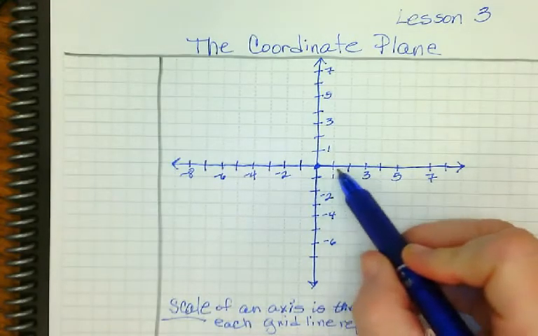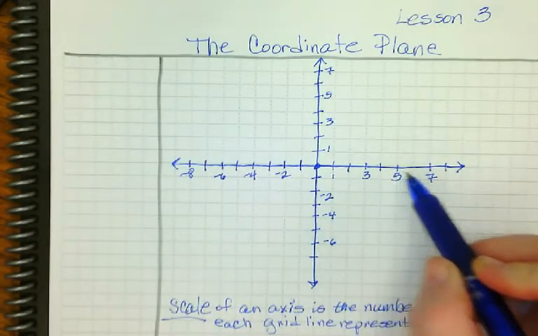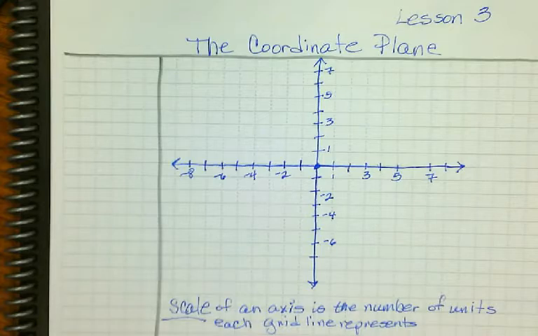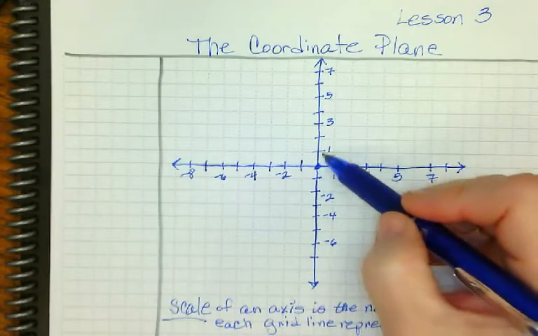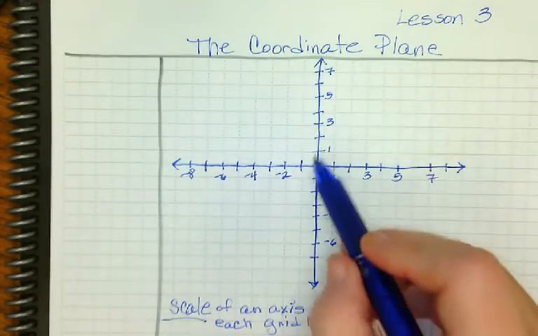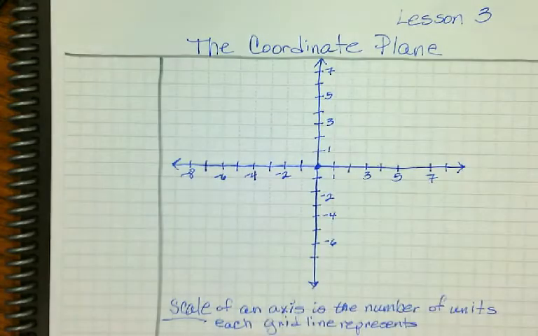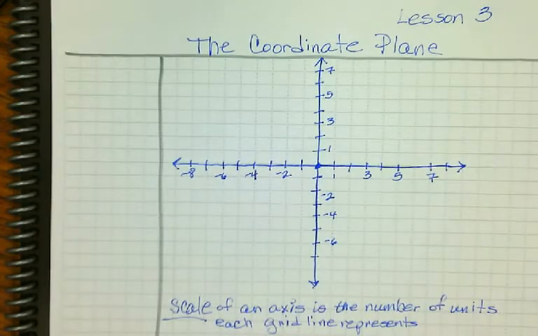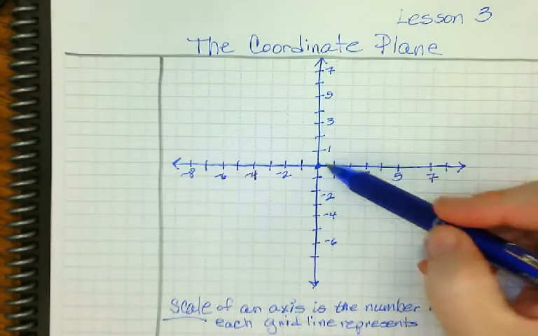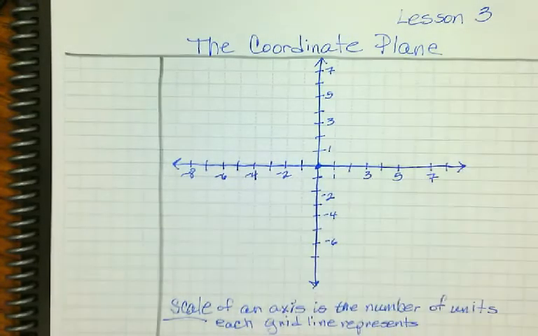Because I'm going 1, 2, 3, 4, 5, 6. I'm counting by ones. You could have a scale of anything. I could go 10, 20, 30, 40, or 5, 10, 15, 20. It doesn't matter as long as you are consistent. And whatever you number the 1, you have to number all the way around. All right?